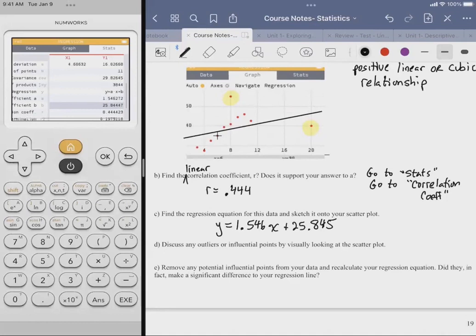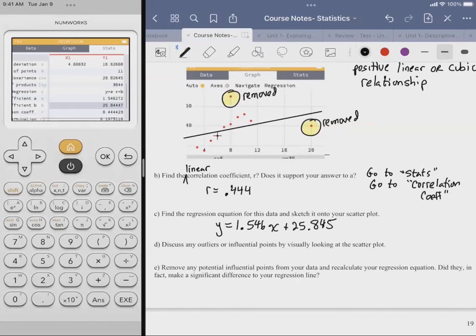What I want to see is what would happen if I took this point out, and then what would happen if I took that point out. So these are points to be removed so that we can recompute the correlation coefficient.